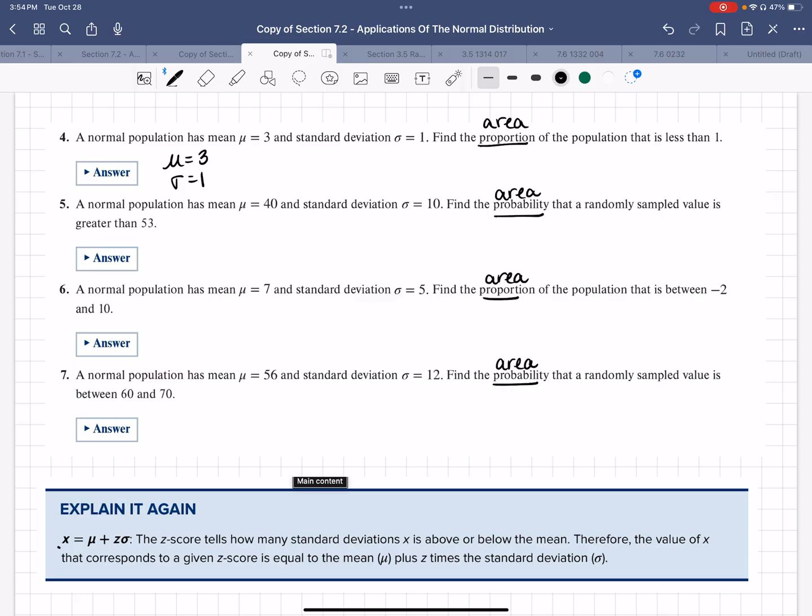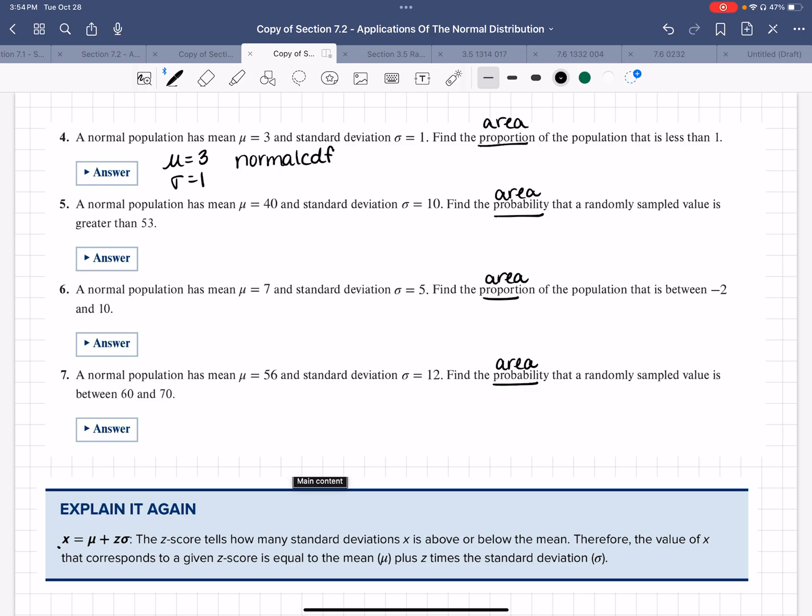Because when we were working in normal CDF, what did we do? We used a mean of 0 and we used a standard deviation of 1. Here the mean is 3 and the standard deviation is 1. So when we go to calculate the normal CDF, it's going to look a little differently.